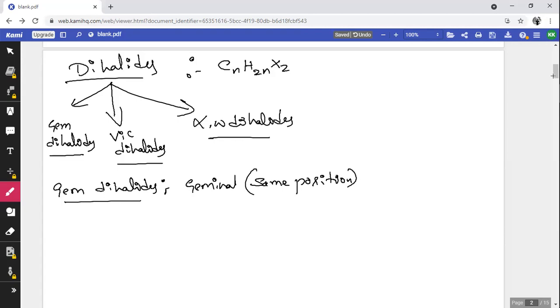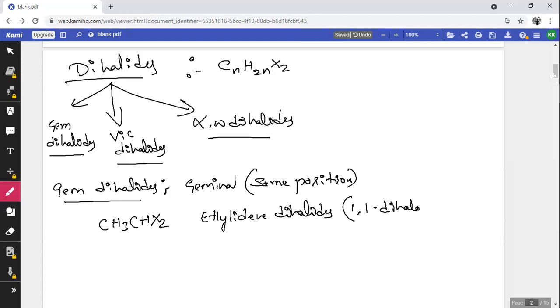Then I can give one or more examples for gem dihalides, like CH3CHX2, which is nothing but ethylidene dihalide. In IUPAC name, it is called 1,1 dihaloethane.